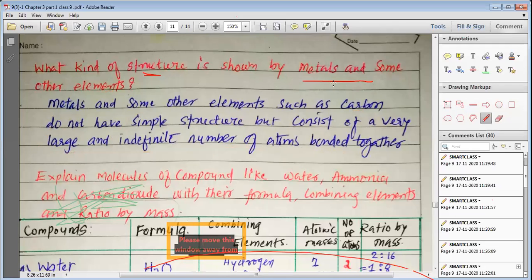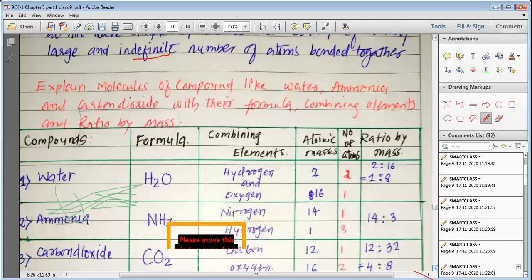So metals and some other elements like carbon make the structure in such a way that a large number of atoms are present in them. The number of atoms is indefinite, which means we cannot determine it, or it is not fixed. This is how, my dear students, we understand the structures of metals and some other elements.